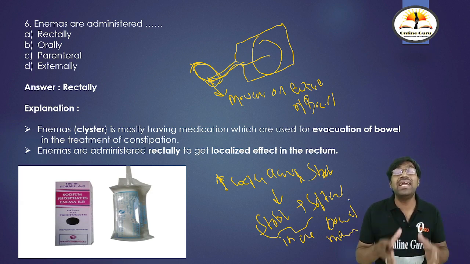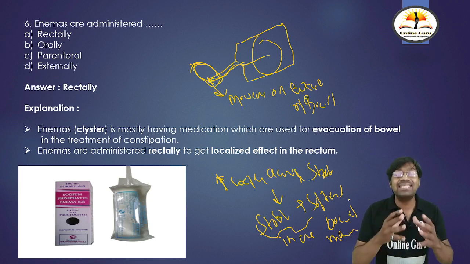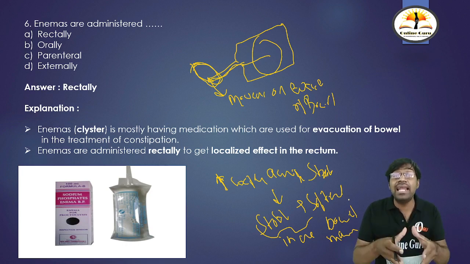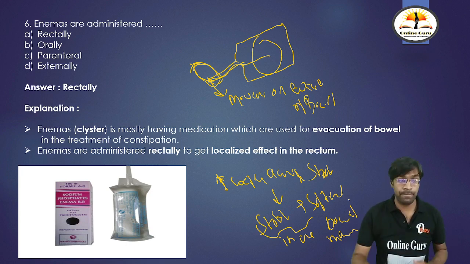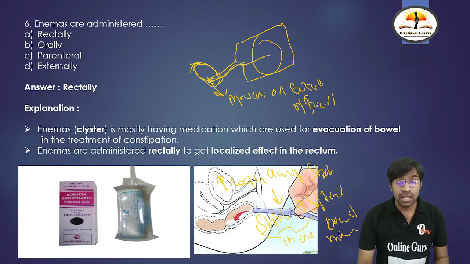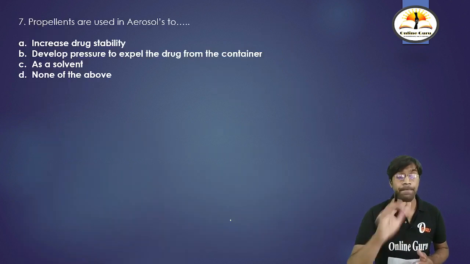Collectively it will cause the evacuation of the bowel, meaning the stools are removed from the body. Hence enemas are mostly administered rectally to have a localized effect. See the diagram. This is the rectal cavity through which the pipe is inserted and medication is transported inside the rectum.